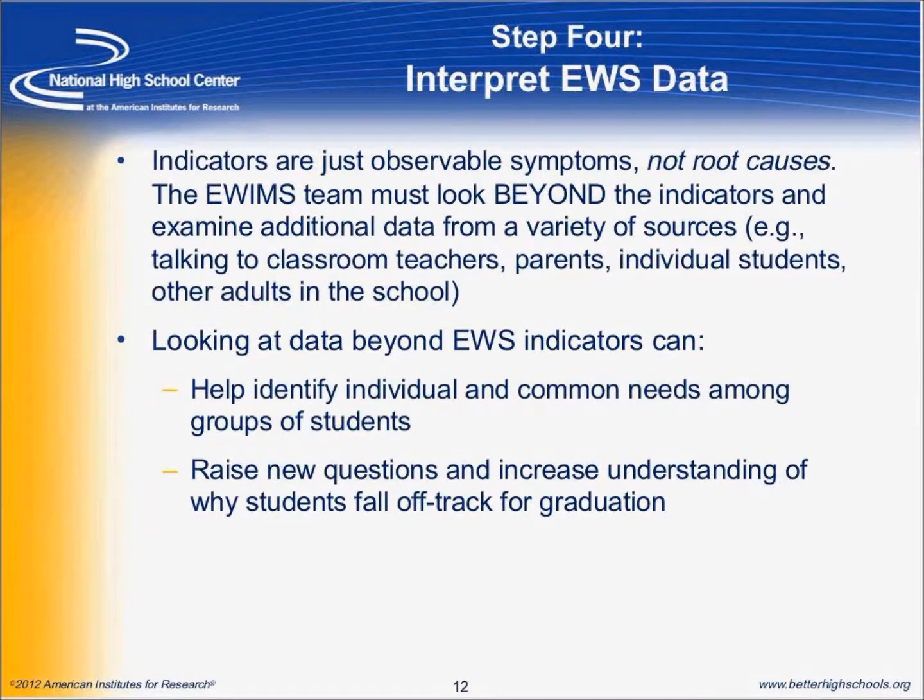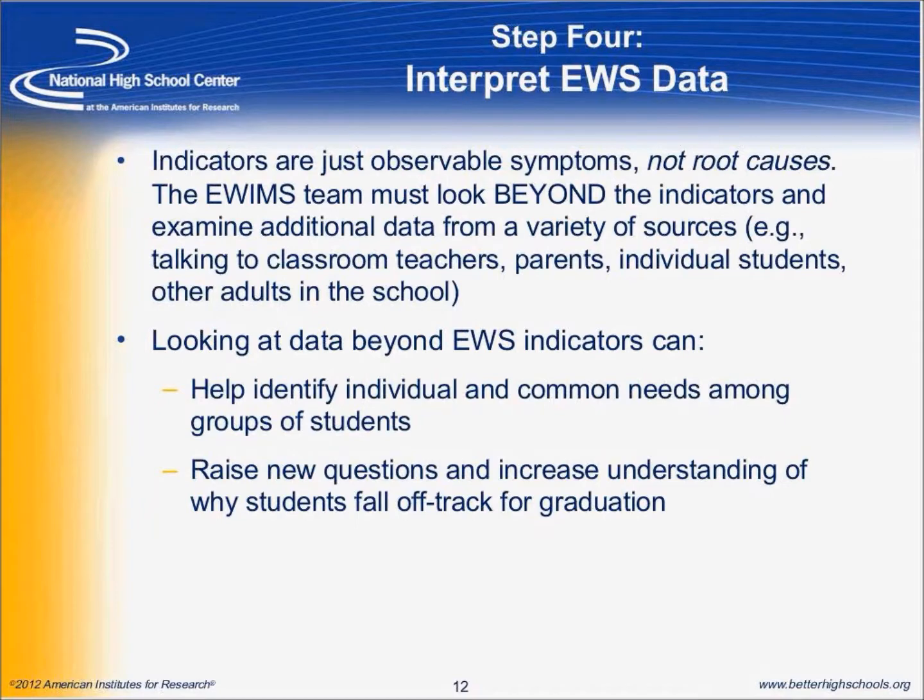There are a multitude of data sources out there and available, and the team really has to decide which sources it will use, which sources are accessible, which is pretty critical because some are less accessible than others, and how the team will use these data and information to make determinations about student needs.